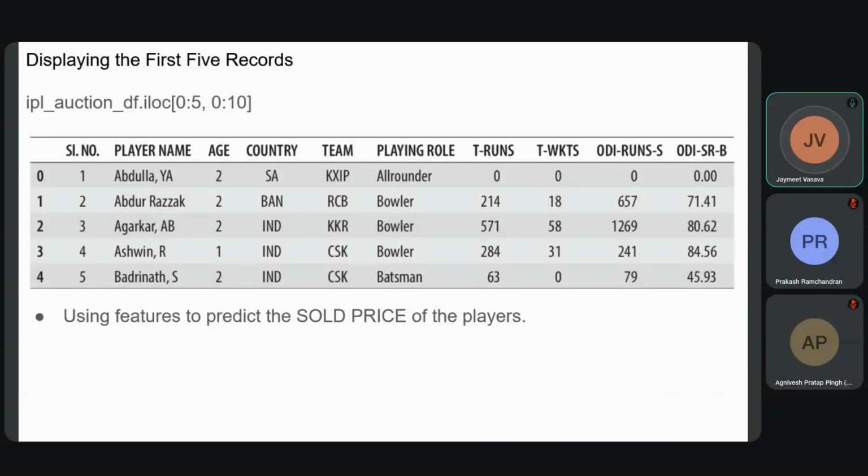Just printing a few of the records from the data set, to give you an example of what the columns are and what the entries in those columns look like. And these are the features that we will be using in order to predict the sold price, or the auctioned price, of the players.